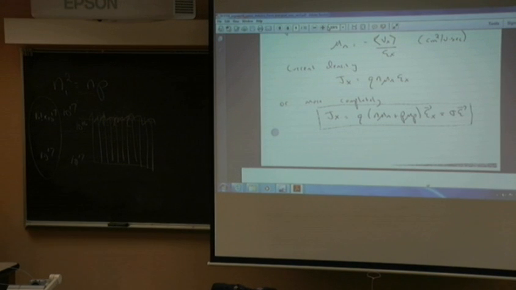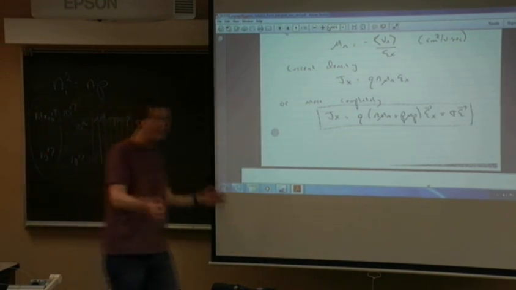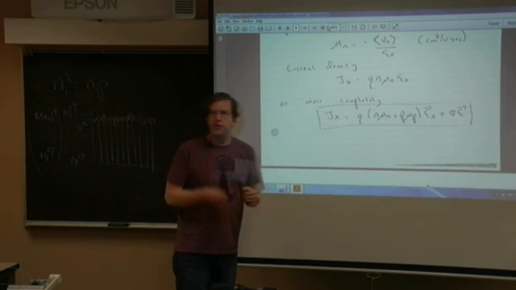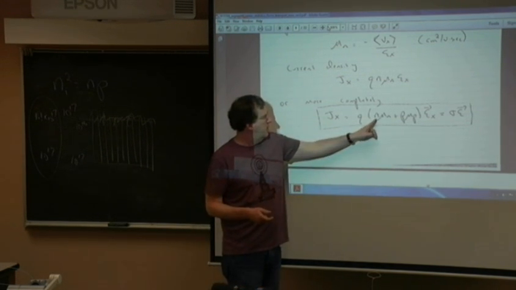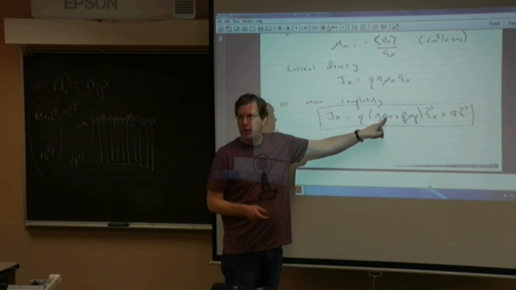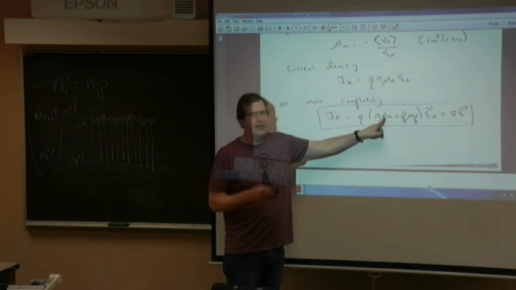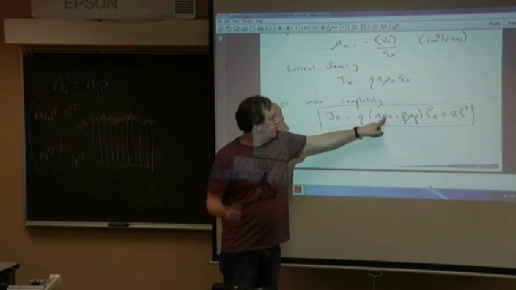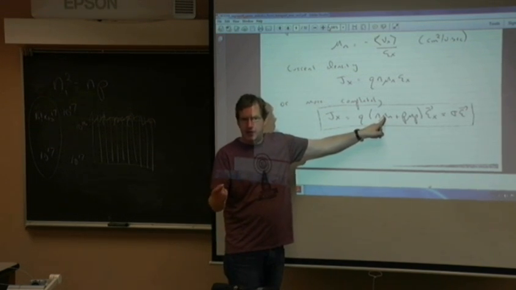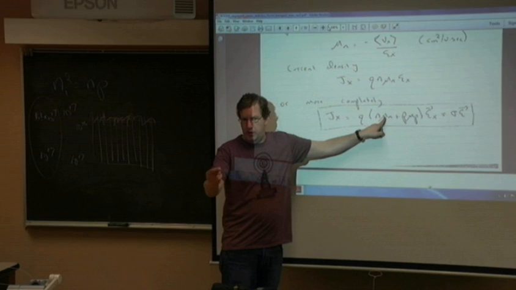Drift, remember? Carriers are going to move. Once I have free carriers, they're going to move under the influence of an external electric field. So it's the number of them times the mobility. Mobility is centimeters squared per volt second. I always stress units analysis. It really saved my bacon when I was an undergraduate.